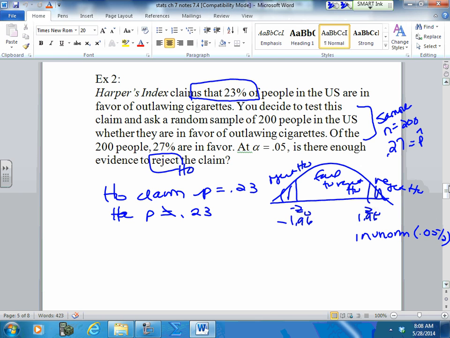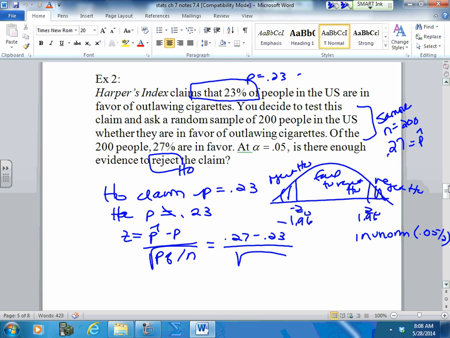Again, your formula says the same thing: p-hat minus p over the square root of p times q divided by n. Your p-hat is 0.27 minus 0.23. So if this is your p, what's your q? 0.77, thank you.